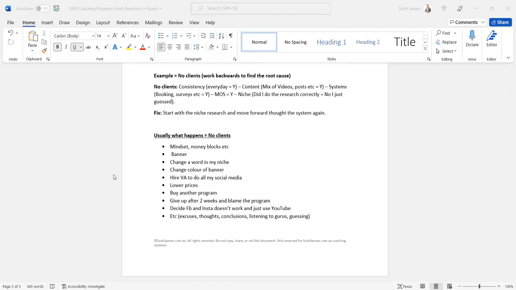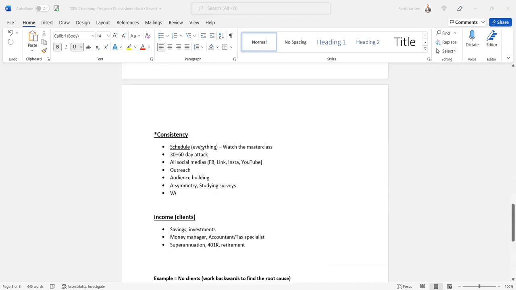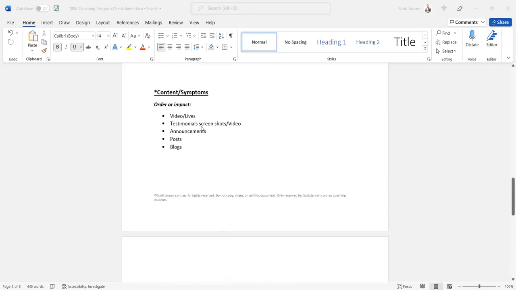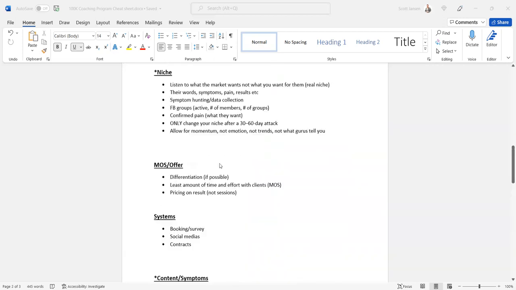A banner is not going to change your entire business. A banner, a few words here and there, like the word 'and' to the word 'if' or something small like that, that's not the root cause. Or they go ahead and change a word in their niche, or worse yet, they change their niche over and over and over without following this flow. And because they've been missing out on all of this, they keep thinking it's my niche.